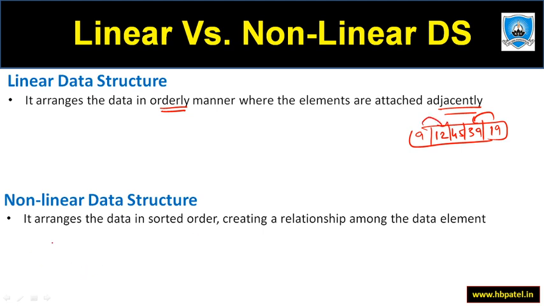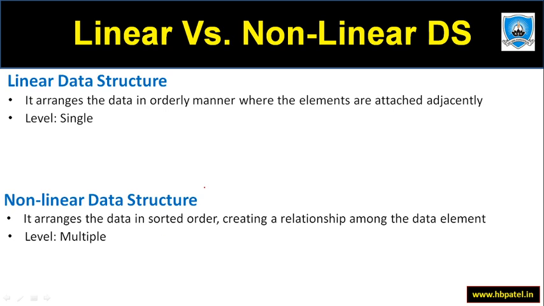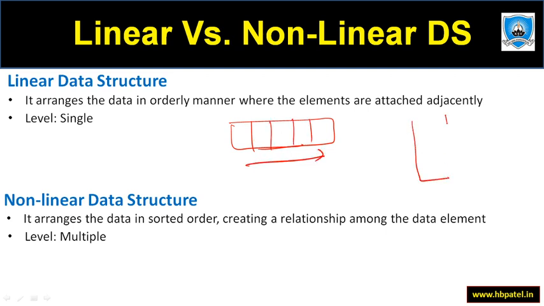Okay. So in case of non-linear, they have of course the relationship, as we have seen. From here we have two different nodes: this is root, this is child 1 and this is child 2. Now second, linear is in a single level. Single level means whether it is a list or a stack, it goes in a single line.